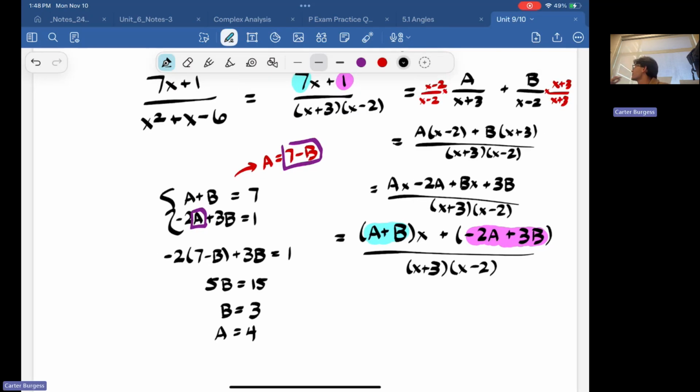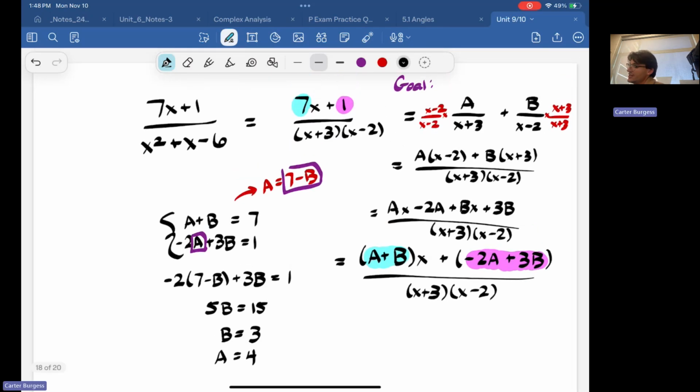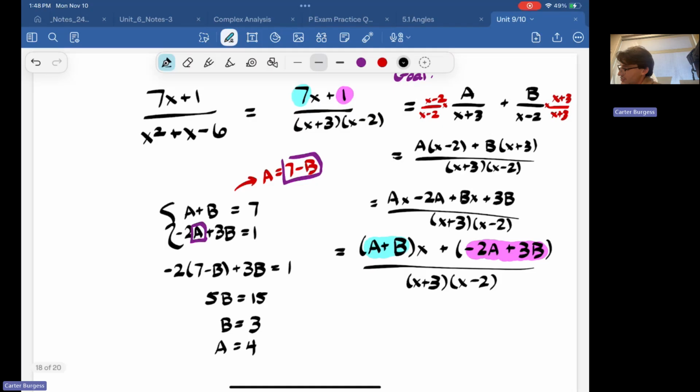And so the partial fraction decomposition for this particular rational function is a, which we said is 4, over x plus 3 plus 3 over x minus 2.